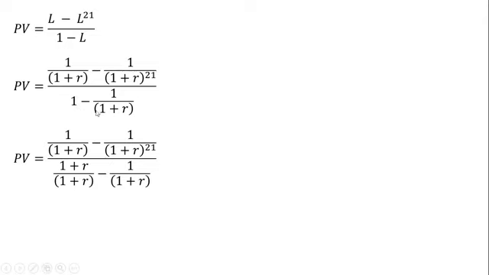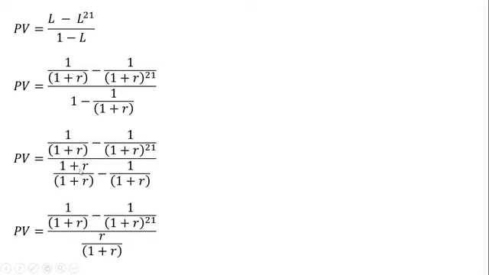So we're going to add these two terms up down here. Doing that, we get this result here. And then just adding up these numerators, the 1 minus 1 cancel and we just have R up here. So you get this result.